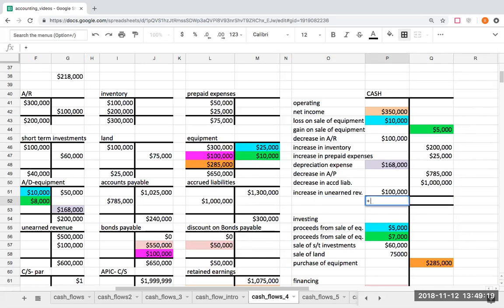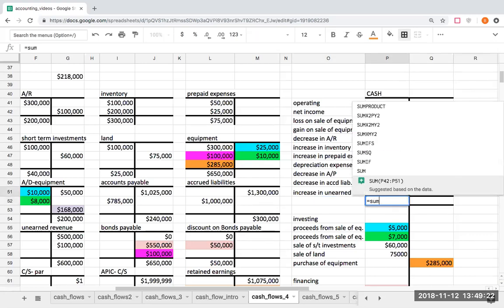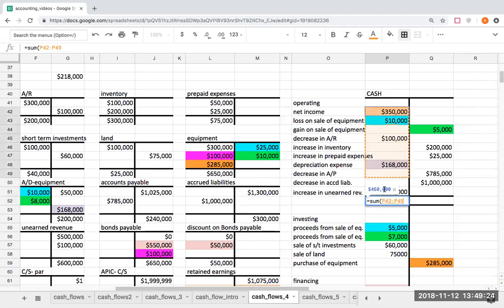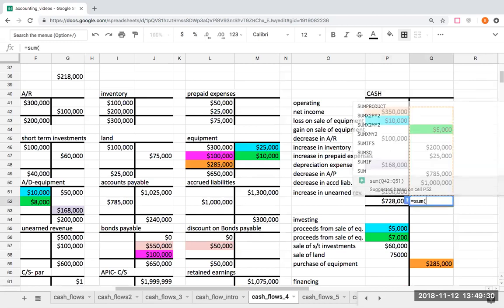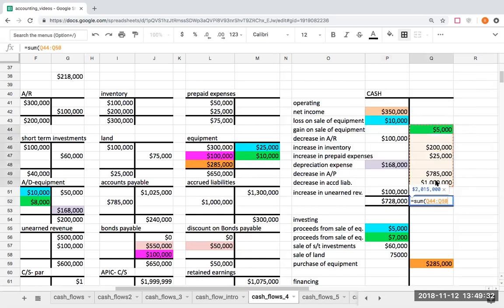So I have here $728,000 in debits, and I have $2,015,000 in credits. So I have a net credit balance of $1,287,000. Because it's a credit balance in cash, this is going to be net cash used in operating activities. So that's my description.